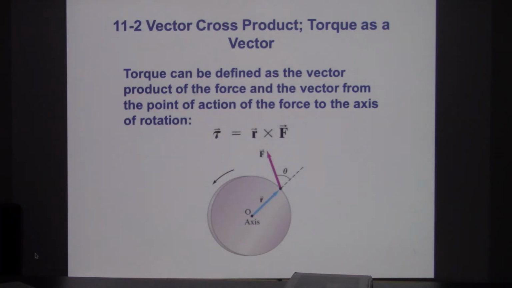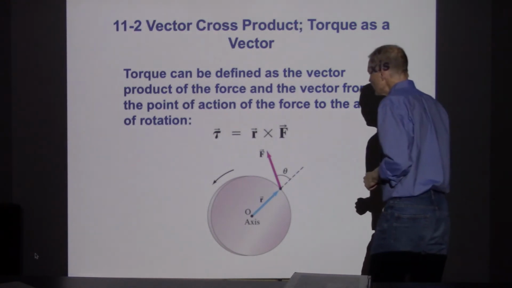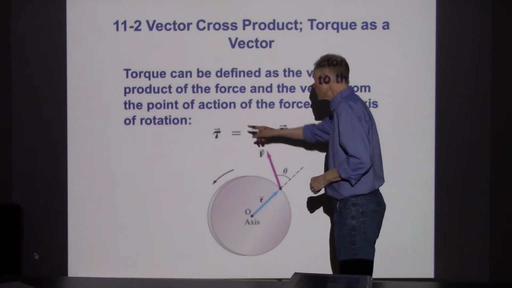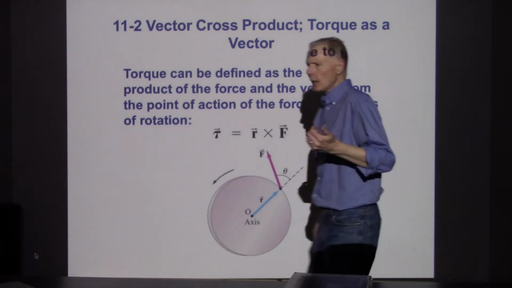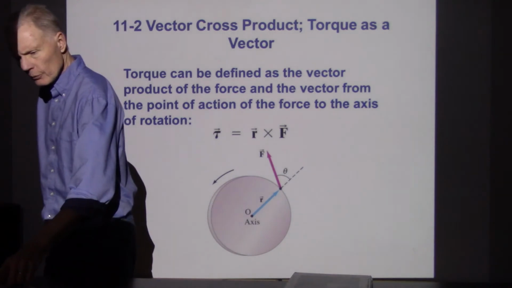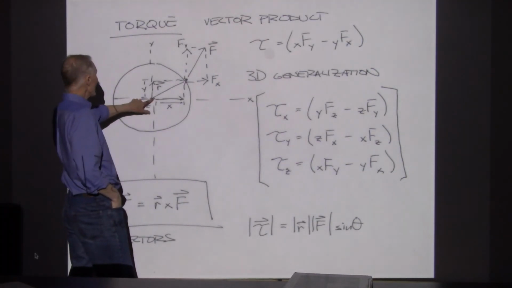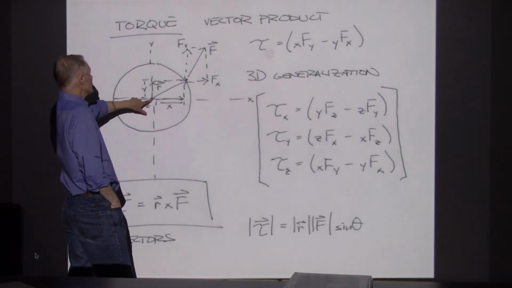Now in chapter 10, what we did was we took that force, divided it up into components, and we said only the component that's perpendicular is going to contribute to being a torque. Let's take a look and see what that would mean for us. So here's a picture, and here is an axis of rotation, or a point of rotation, the origin.